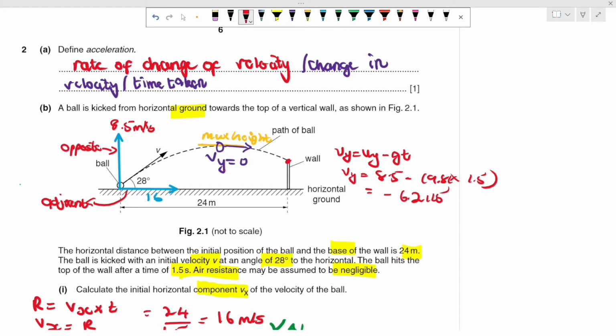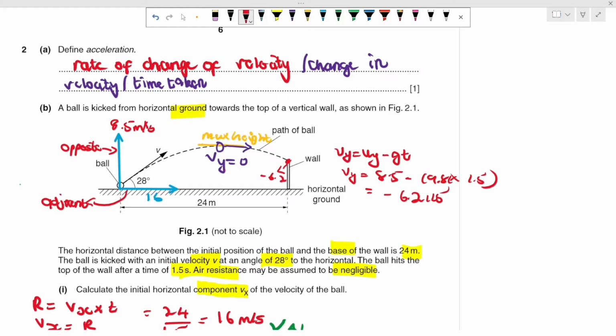So I've just found the velocity that will be present as it will be moving down, just negative 6.2, right, essentially. So here we have negative 6.2, here we have 0, and then here we have 8.5.